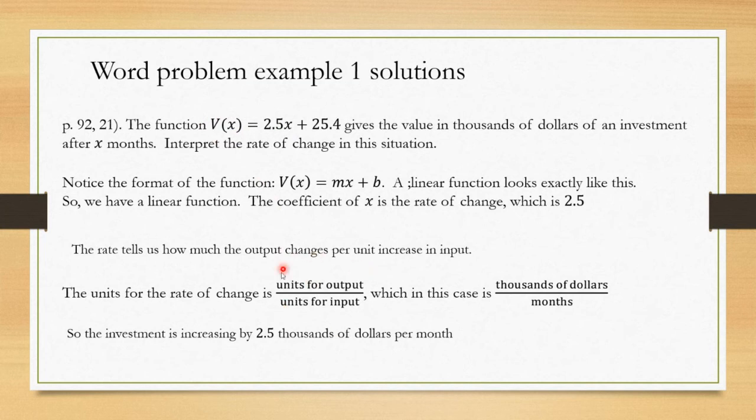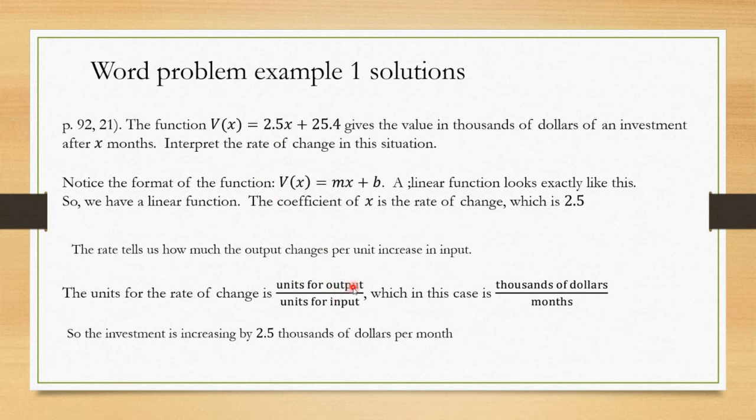And let's also consider the units. I think I've done this before, but I feel better doing it again. The units for the rate of change are the units for output divided by the units for input. Really, it's slope, and slope is change in output over change in input. That's one way to remember this.